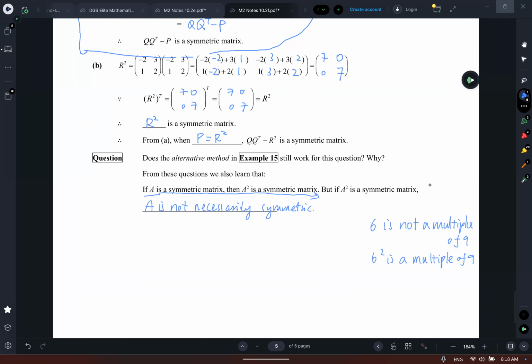But anything like 90 is a multiple of 9, and you can rest assured that 90 squared is a multiple of 9. So you can say it backwards. The symmetric matrix is not so easy to understand: something not symmetric can give you something symmetric.